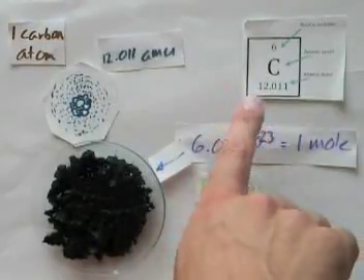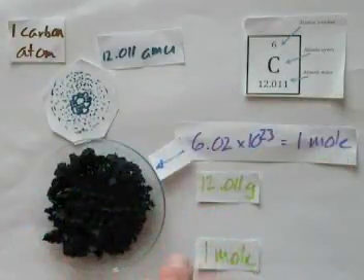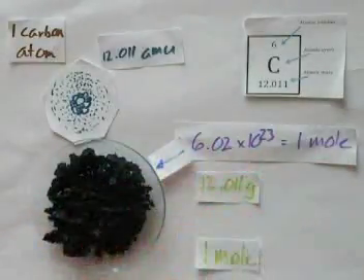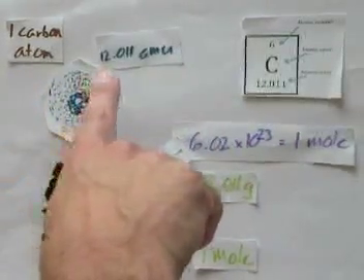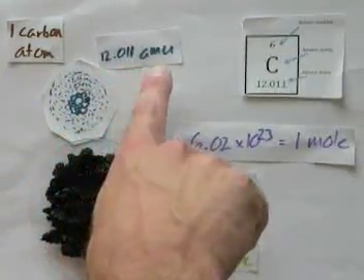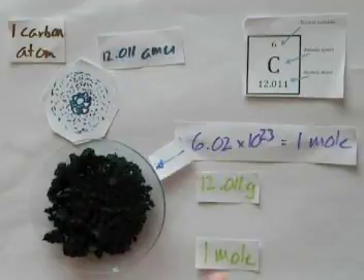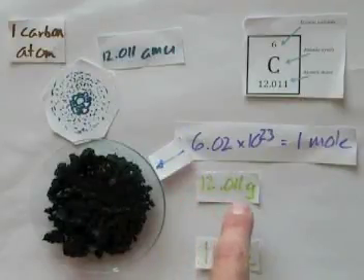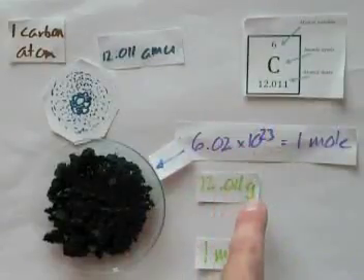So when I see this number on the periodic table, it tells me a few things about samples of this element. First of all, it tells me that one atom has a mass of 12.011 atomic mass units, and it tells me that 1 mole of carbon atoms has a mass of 12.011 grams. It's the same numerical value, just different units.